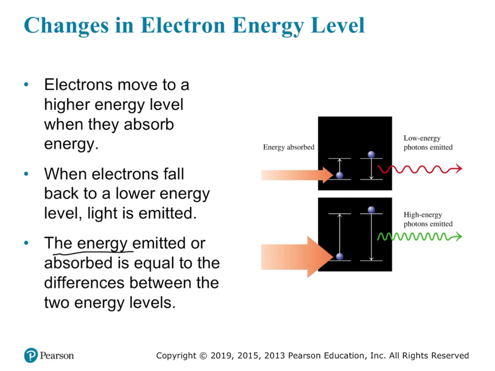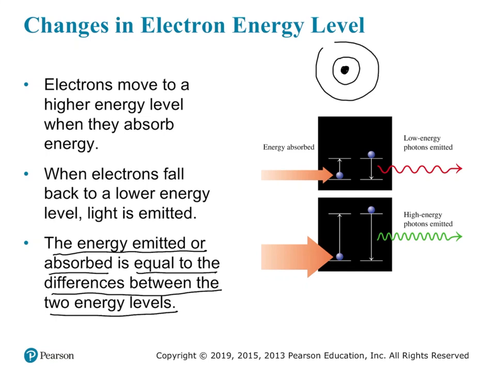So the energy that's emitted or absorbed is equal to the difference between the two energy levels. So for instance, energy levels 1 and 2 are pretty far apart, but as we get further and further away from the nucleus, those energy levels get closer and closer together. And so the differences depend on the distance between energy levels there.